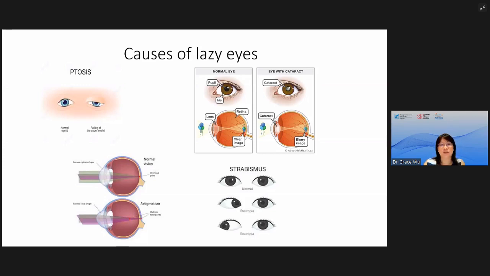Then the brain will say, hey, I don't need to develop all these cells to see. The brain literally gives up. And lazy eye is related to squint, strabismus. The eye which is centered or fixated is the strong eye. The eye that drifts out or drifts away is the eye which is lazy, that the brain ignores.